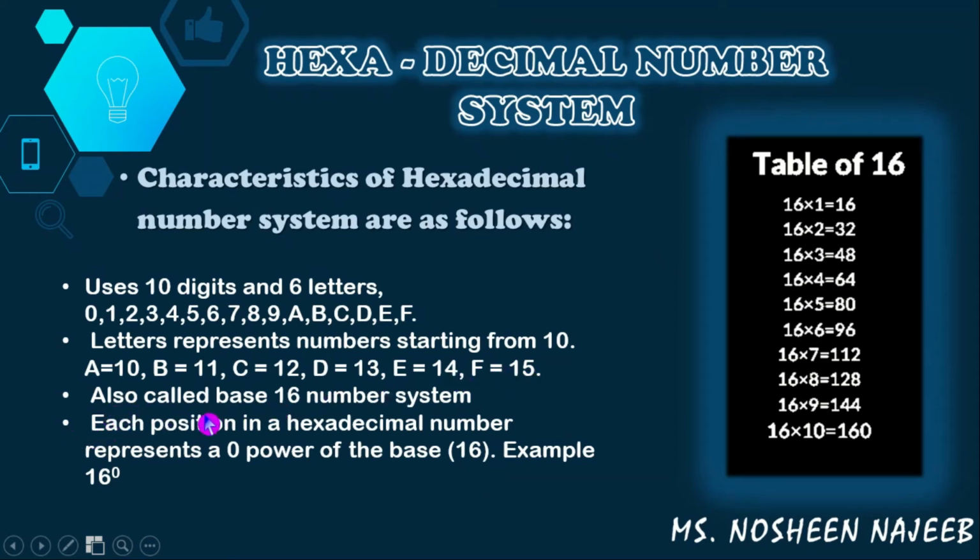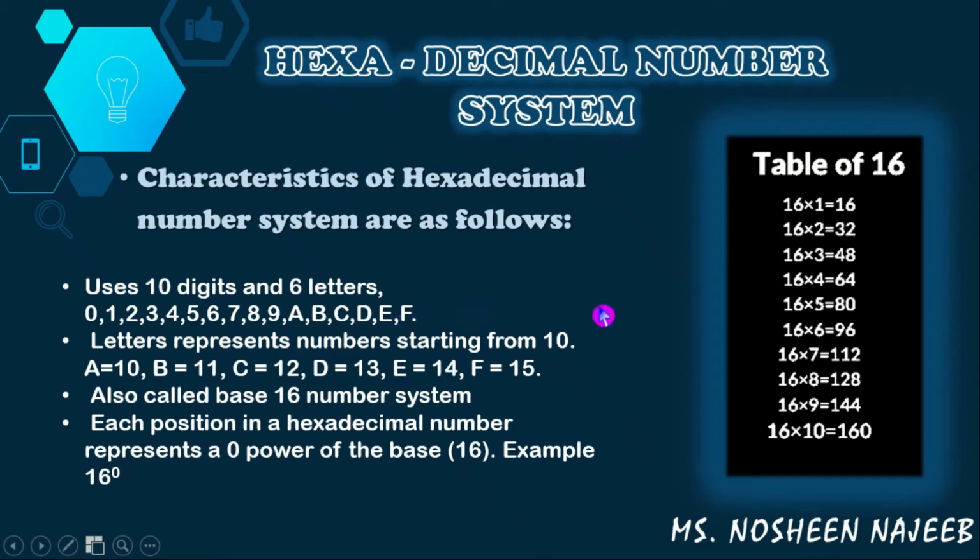It is also called the base 16 number system because it contains 16 digits in it. So the base of the hexadecimal number system is 16. Very good. Each position in a hexadecimal number represents a power of the base 16, for example, 16 with power 0.